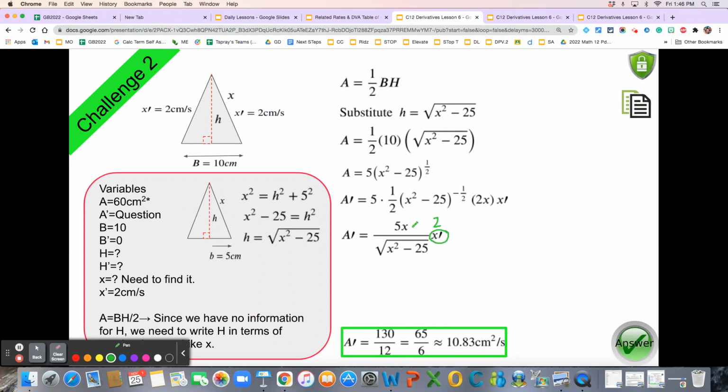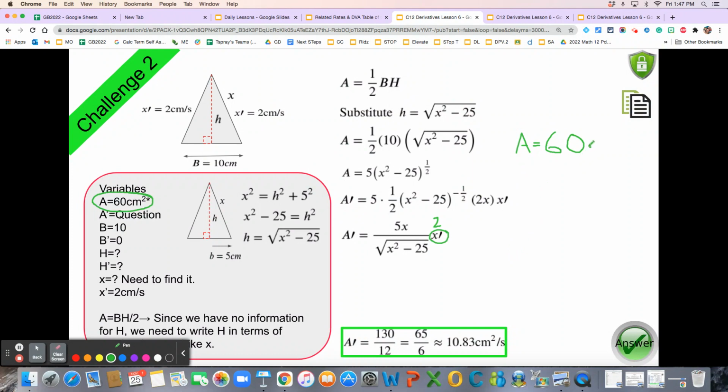And we need to go back to the question and remember that they told us that at a certain point, what's the rate of change when the area equals 60? So when the area equals 60, we could use that to find out what x is, okay?